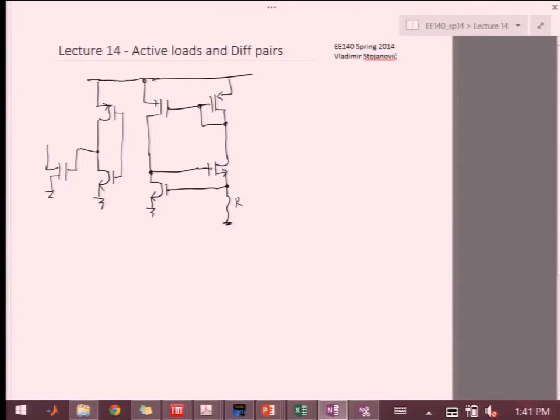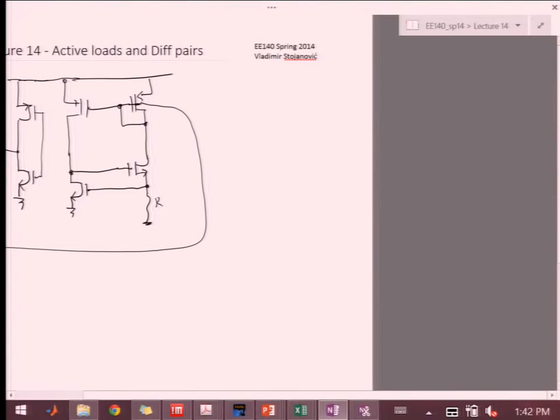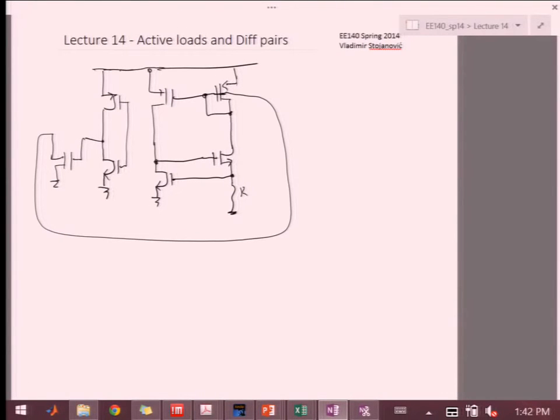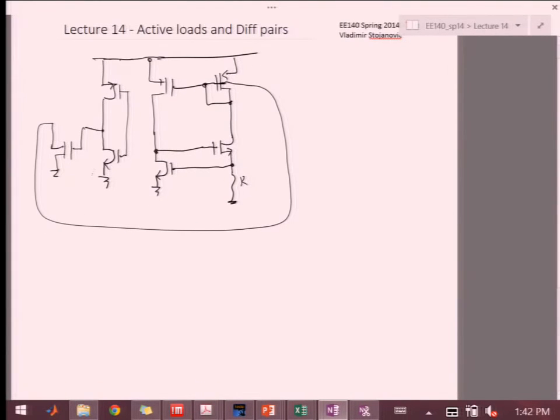And then I'll use this, maybe on the other side. So I'm connecting it to basically this voltage over here. And let's label these guys M7, M8 and M9. I'm going to label this M1.